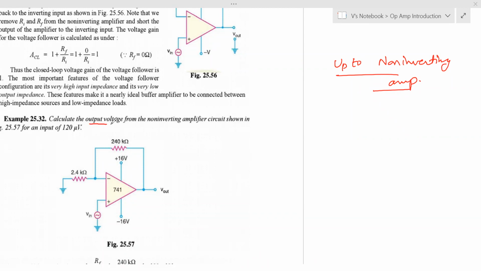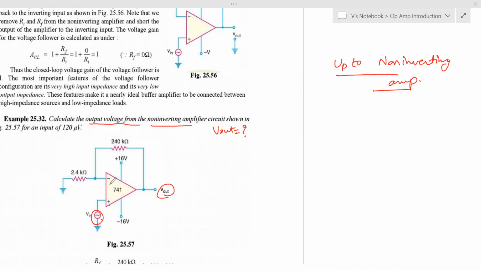First is to calculate the output voltage from the non-inverting amplifier. Sometimes it is not given whether it is an inverting amplifier or non-inverting amplifier. So you have to identify where the input is connected, whether to the non-inverting terminal or the inverting terminal.